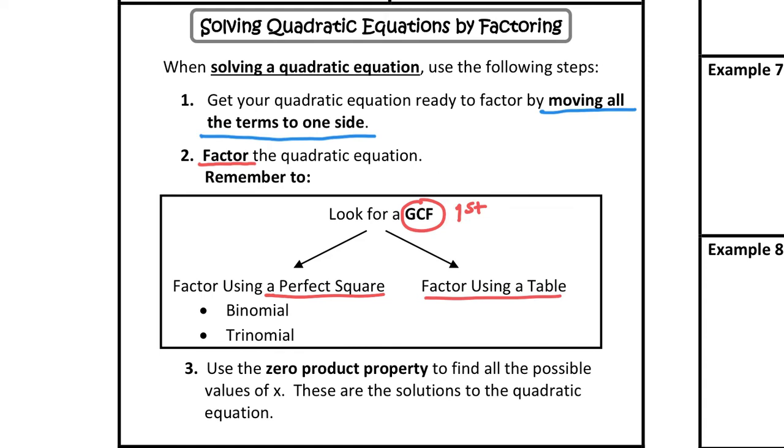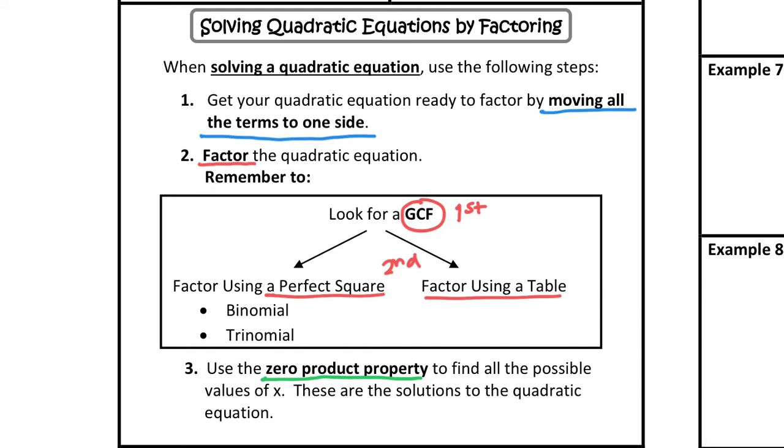You're going to do this process second. And then the last thing is use the zero product property.